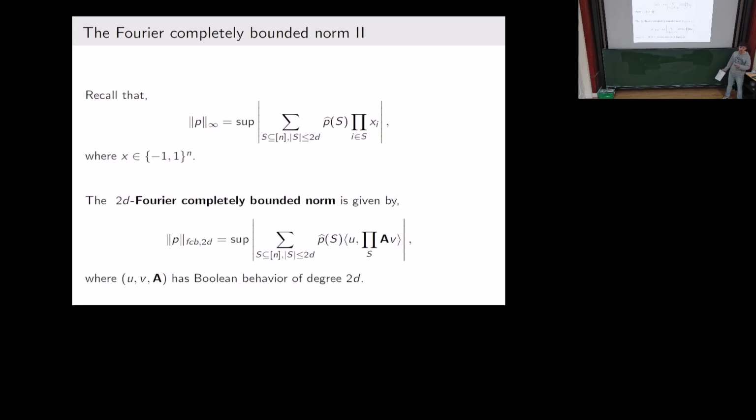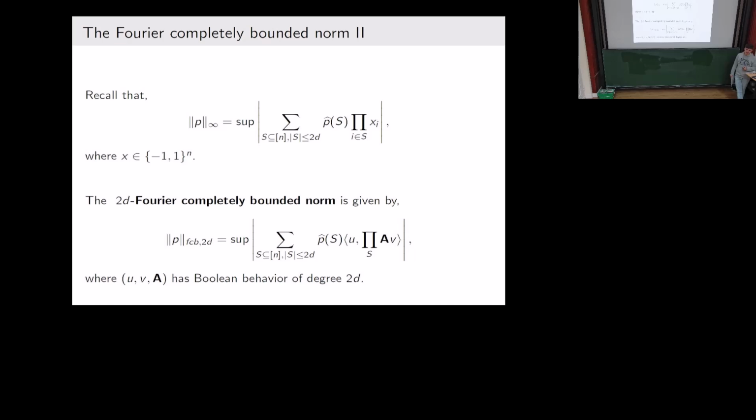Somehow when you evaluate things that are defined on scalars on matrices, that is usually called completely bounded. And it is Fourier completely bounded because it has a Fourier flavor, it's defined via the Fourier expansion. That is how I evaluate the polynomial on matrices, by defining an evaluation of the Fourier characters, and then I define the evaluation of the polynomial. But that is my notation. I came up with this, you can call it however you want.